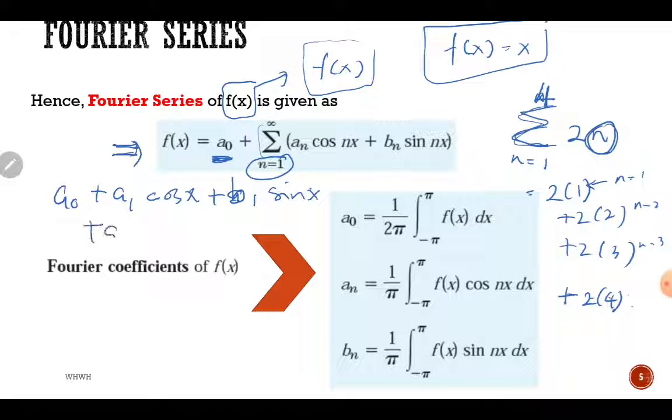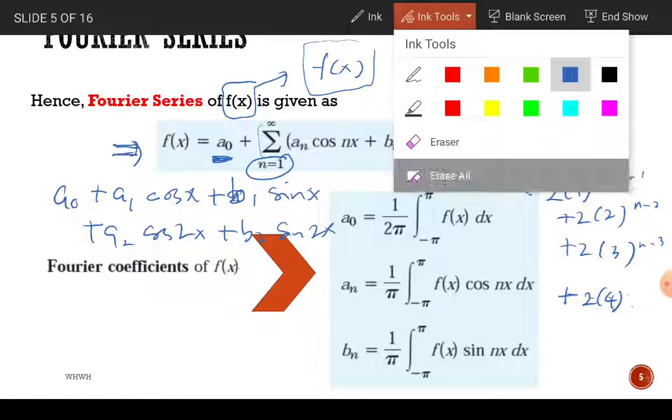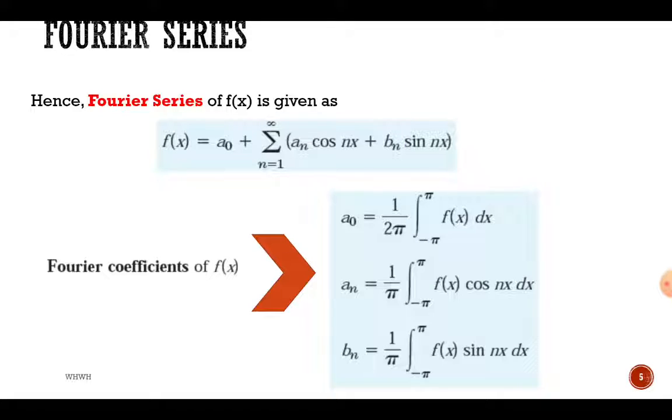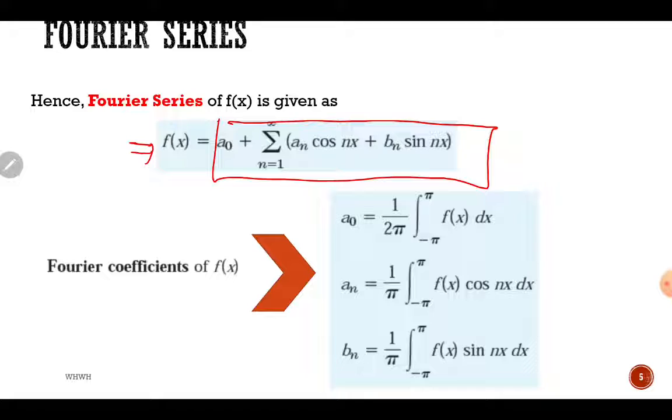Lepas tu tambah lagi lah a2 cos 2x tambah b2 sin 2x dan seterusnya. Okay. So meaning to say, yang paling penting sekarang ni adalah untuk you hadam the formula for Fourier series. Formula ni: a0 tambah summation from n equals 1 up to infinity an cos nx tambah bn sin nx.